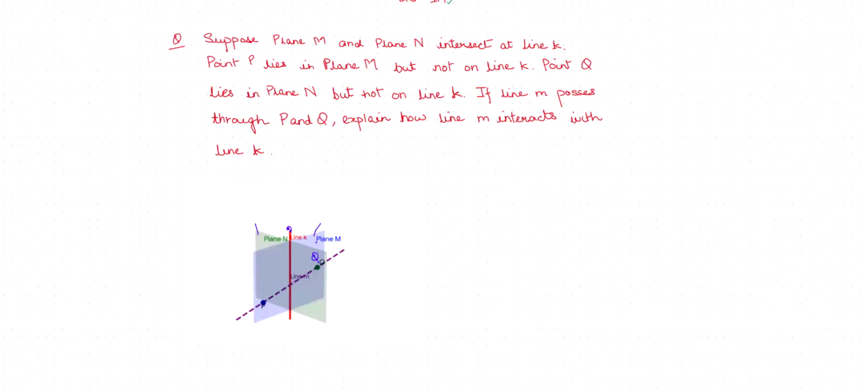Point P lies on plane M; we can see this blue color is plane M and P lies here. Q lies in the green color, this plane N here, but neither lies on line K.